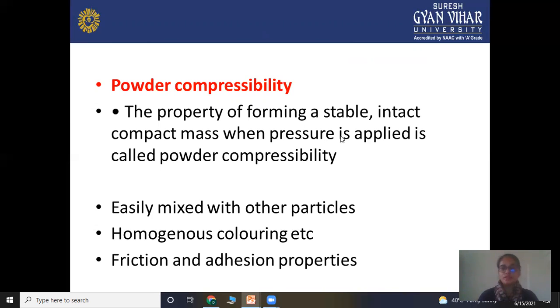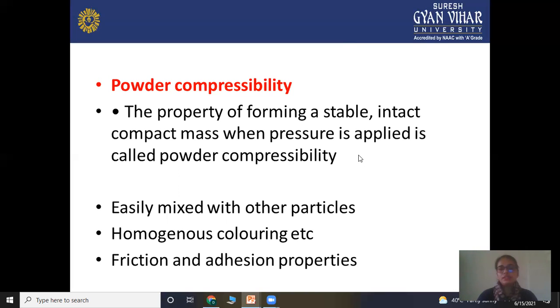And if you require a fast disintegrating or super disintegrating tablet, in this case we use less compression force. So compressibility is required according to the need or the type of formulation. With the help of compressibility, you form a stable mass or tablet, and this depends on how much pressure you apply for this compression.